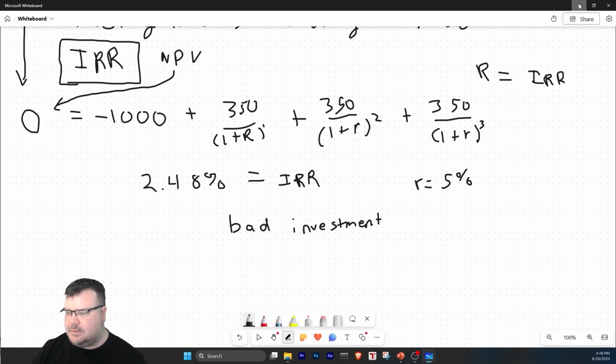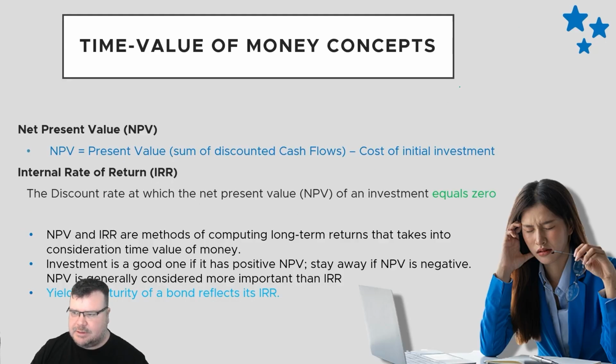So I'm going to go back to the slides and let's see what they have on the slides here. Hopefully that illuminated some things for you. So net present value, the actual calculation says net present value equals the present value. I put in parentheses sum of discounted cash flows. That's when we did the 350, 350, 350.